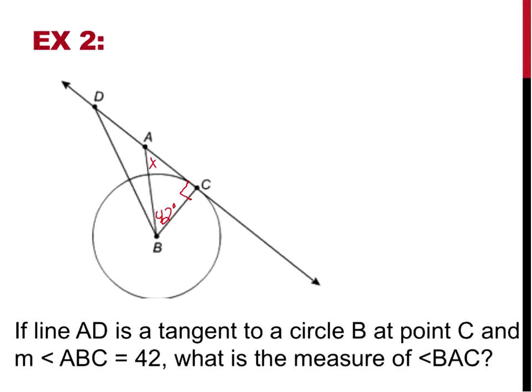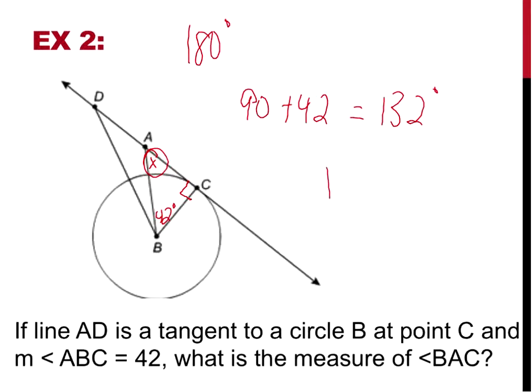All of our angles in a triangle always add to be what? 180 is a total triangle. So let's add up what we know. So far I have a 90 and I have a 42. So far I have 132 degrees. How am I going to find the one I don't know? 180 minus 132.